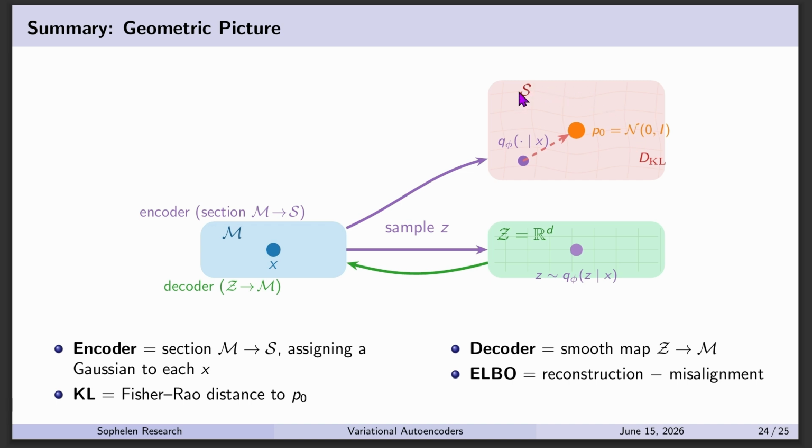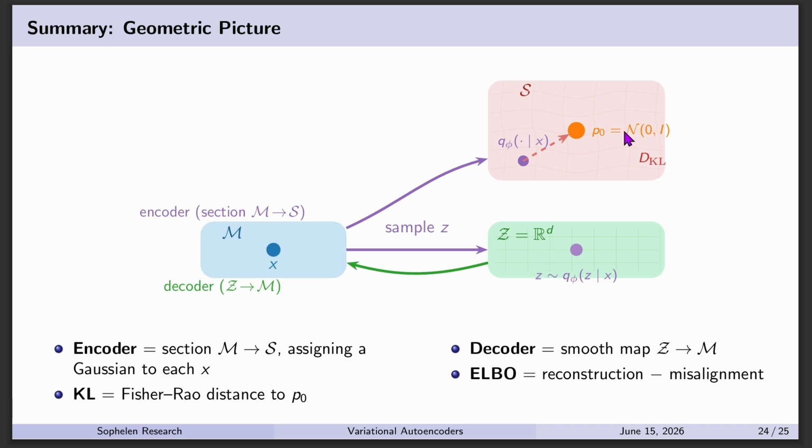So in this space, there's an actual metric called the Fisher-Rao metric, but that is a Riemannian metric, which is intractable to work with. What we do is we use the KL divergence, and that is a local metric, and it's equal to the Fisher-Rao up to a quadratic term.